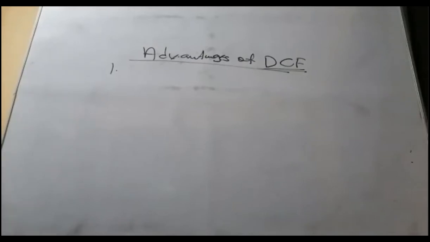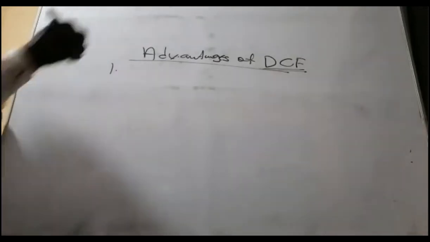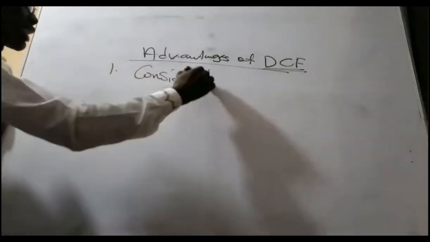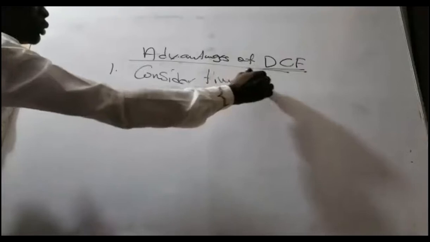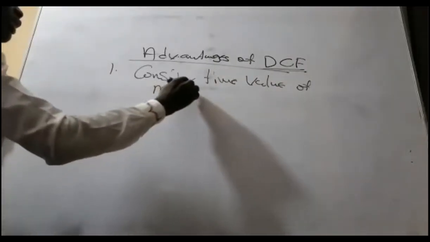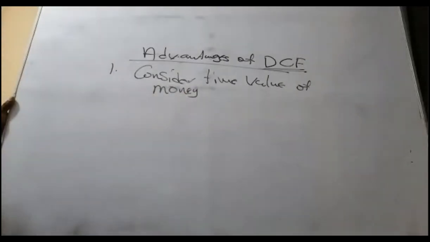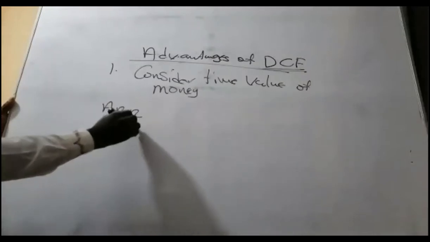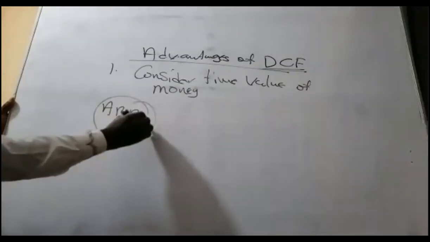Advantage number one, it considers the time value of money. That means it takes risks into consideration. That's very good news, unlike the accounting rate of return and payback, which don't consider it.